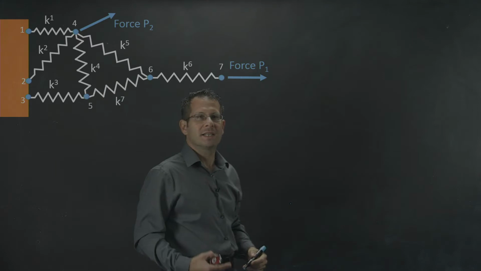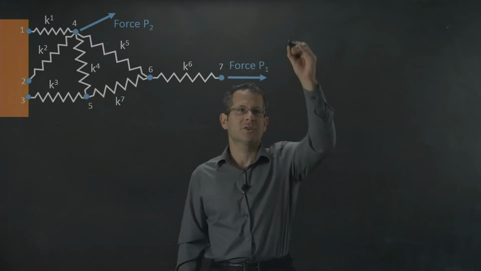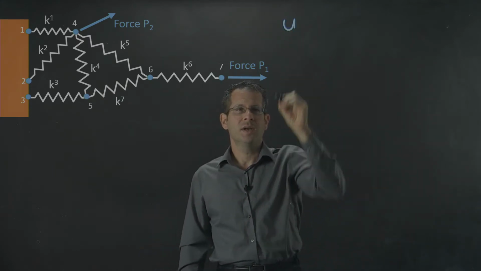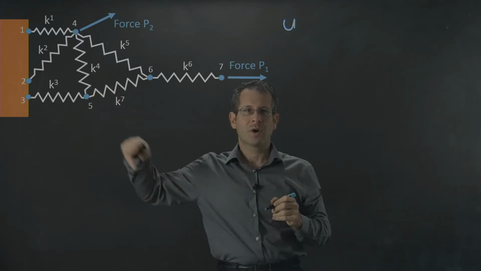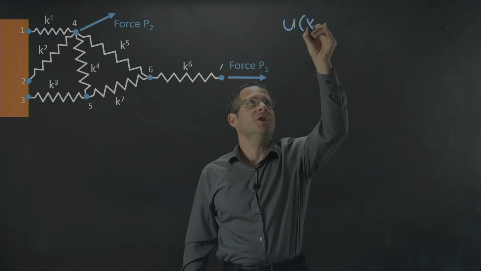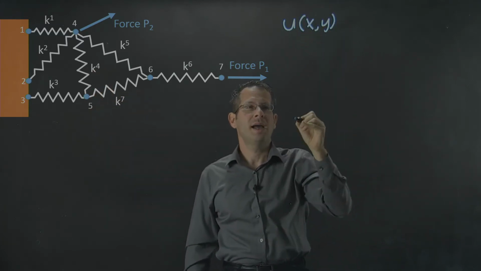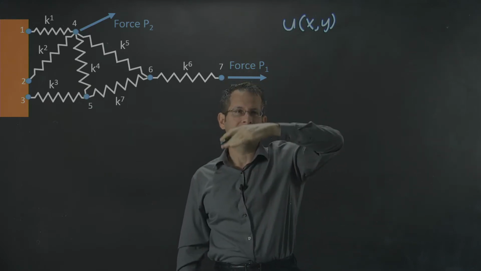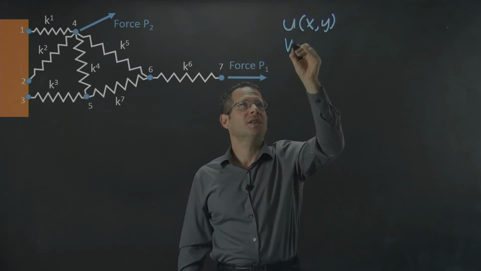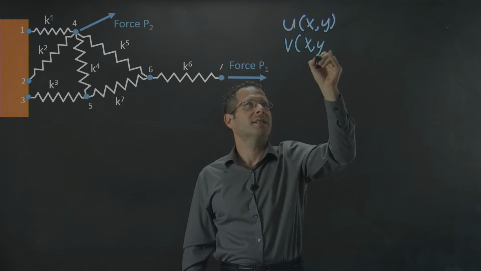In the previous classes, we've been calling that displacement in the x direction u, since every point exists somewhere in x and y. U is a function of x and y. And of course, there's v displacement in the y direction, which is also a function of x and y.